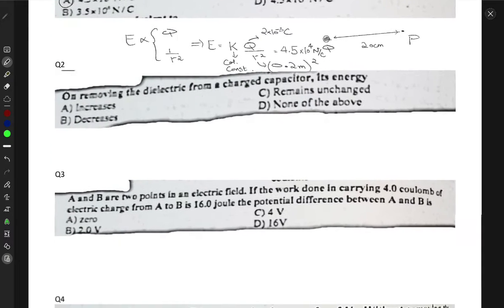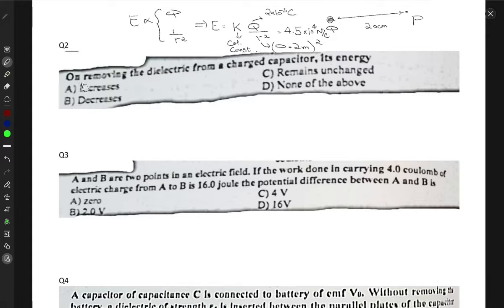Now let's move on to question number 2. It says that on removing the dielectric from a charged capacitor, its energy either increases, decreases, remains unchanged, or none of the above. So once you remove the dielectric from a capacitor, does it have any effect on the energy?